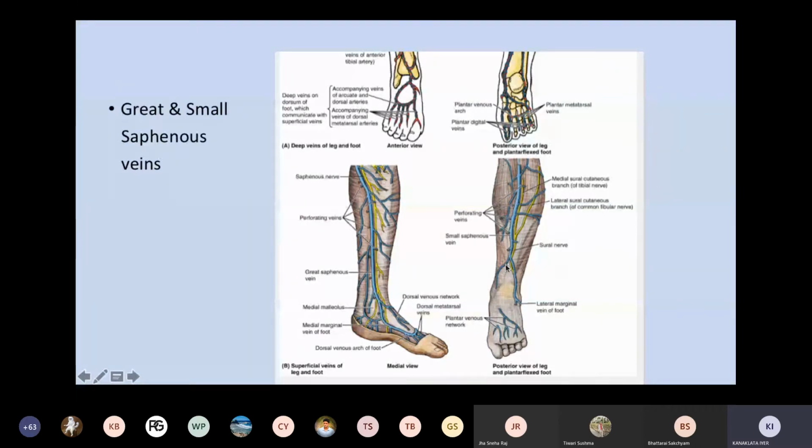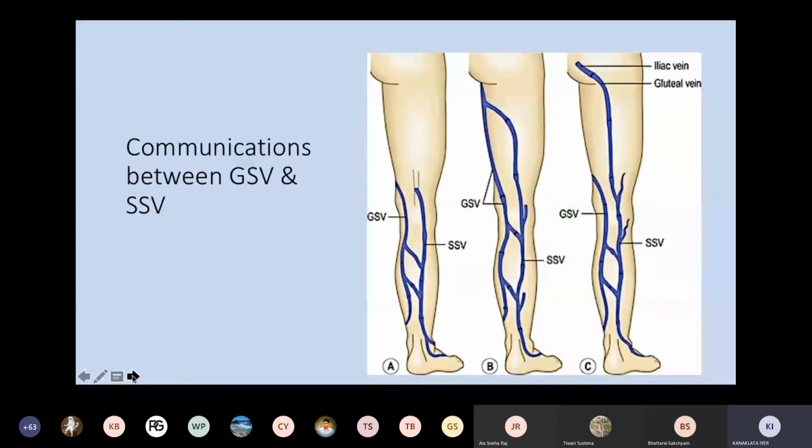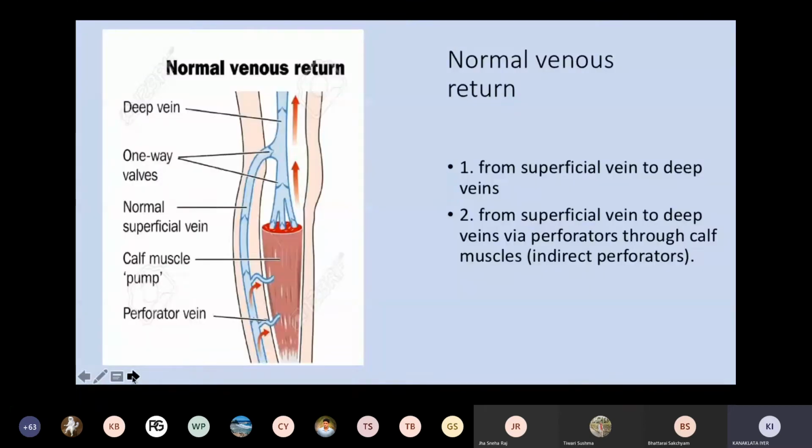This is called the tendocalcaneus, right, which is attached to the calcaneus bone, being formed by the two heads of gastrocnemius and the soleus. So this is the comparison between the great and the short saphenous vein, and this also shows you the various communications between the two saphenous veins.